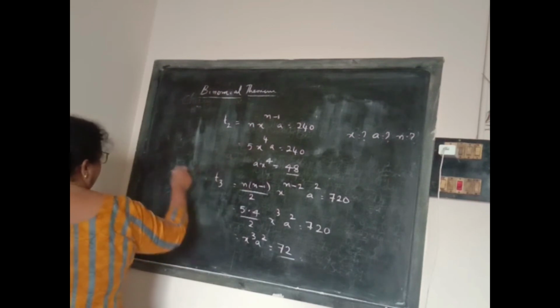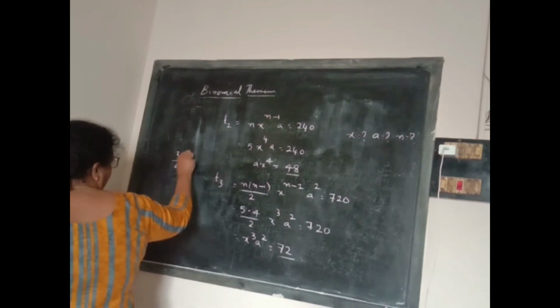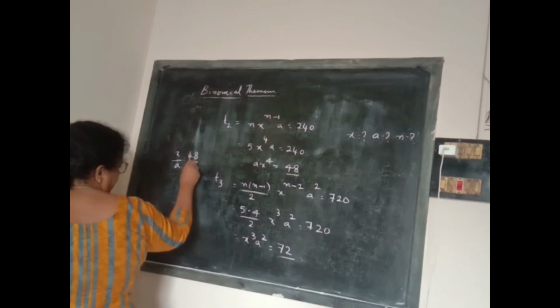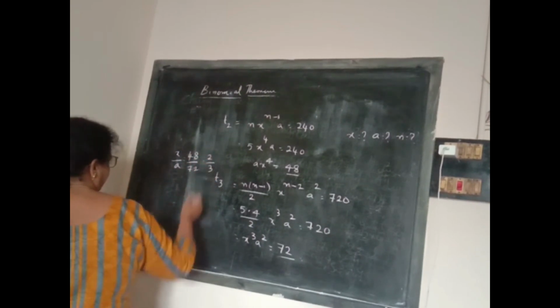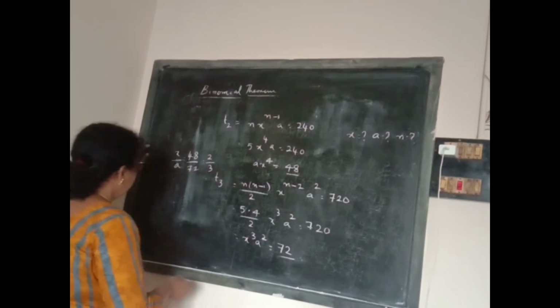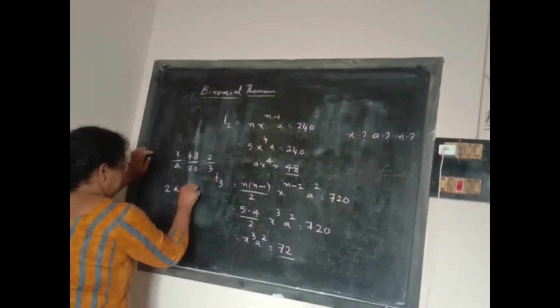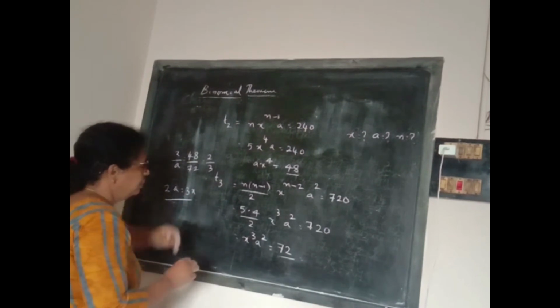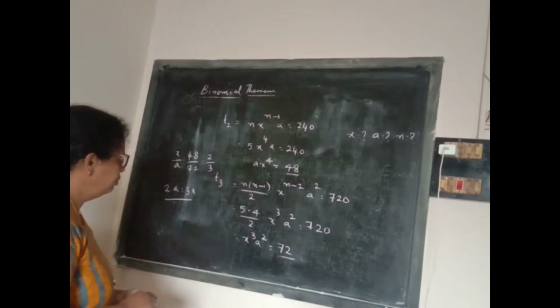When we divide T2 and T3, we will get x by a equal to 48 by 72, or it is 2 by 3. That is 2a equal to 3x. Substitute it in a x raised to 4.